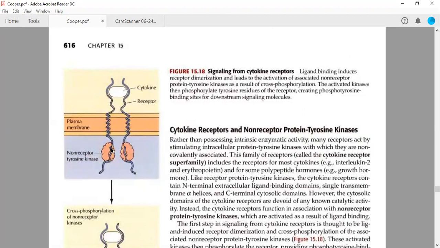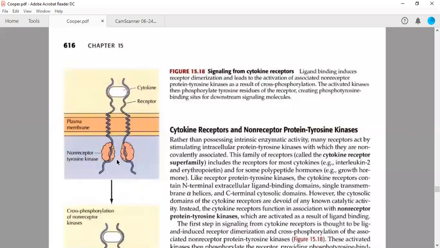Now the question is, if they do not have these receptor tyrosine kinase domains or red colored stretches, then how will they be able to transmit signals inside the cell? To transfer the signal and perform the activity of these red colored stretches, some other proteins which are not part of the receptor are needed, and they are called non-receptor tyrosine kinases.